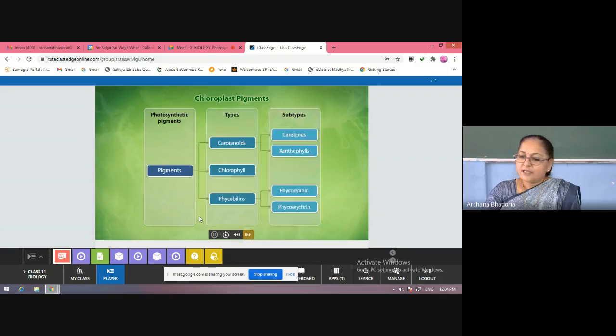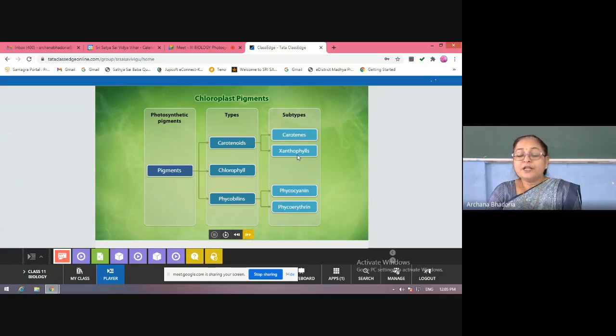The pigments, you can note down this thing. What are the photosynthetic pigments? So photosynthetic pigments consist of number 1, carotenoids, and write down the carotenoids include carotenes and xanthophyll. Then second is the chlorophyll.